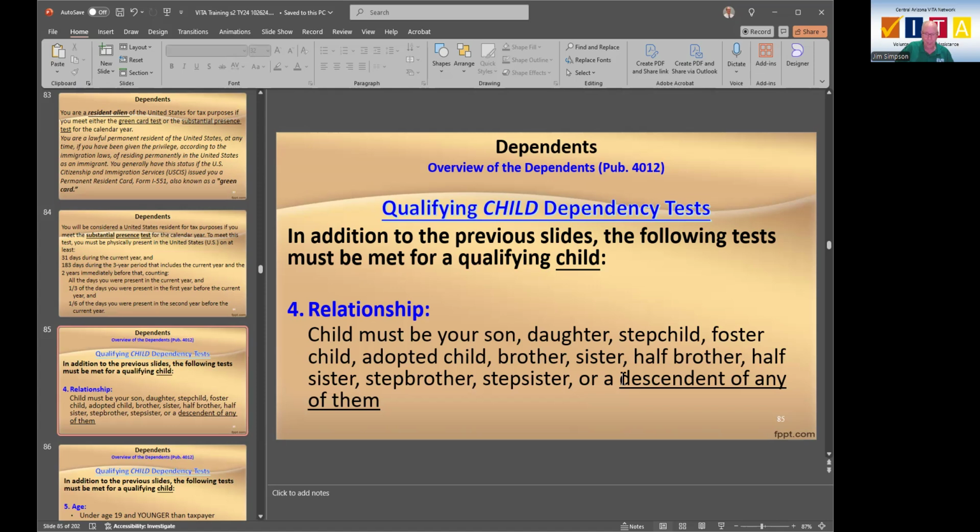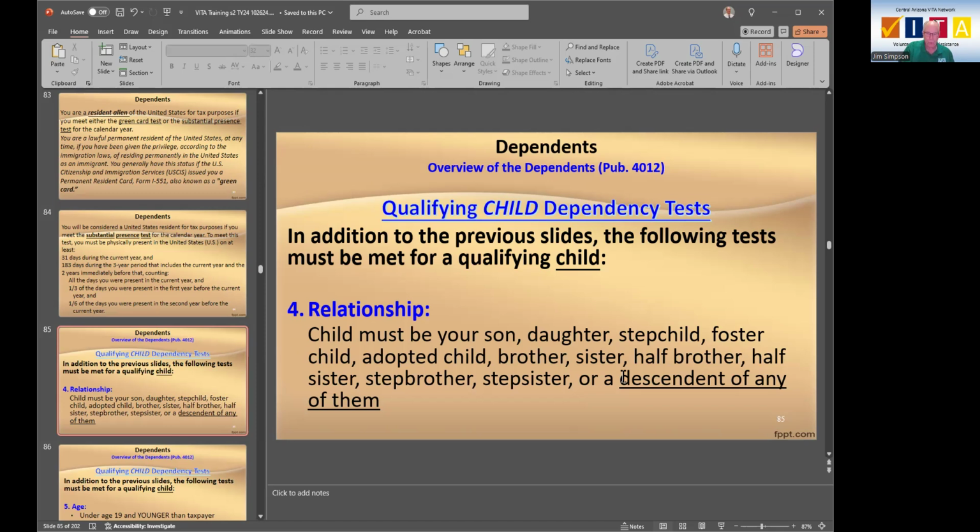So grandchildren, things like that, they're going to count. Nieces and nephews? Yeah, you've got your brother and their kid is your nephew, that would count because that's a descendant of your brother, right?